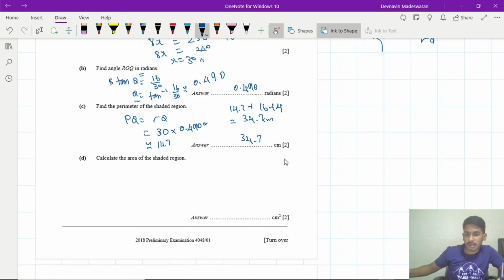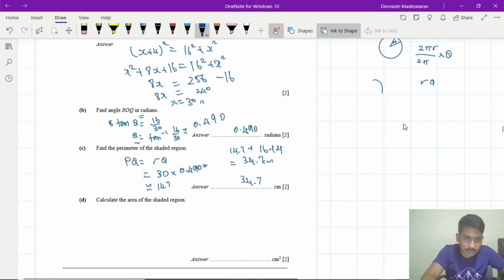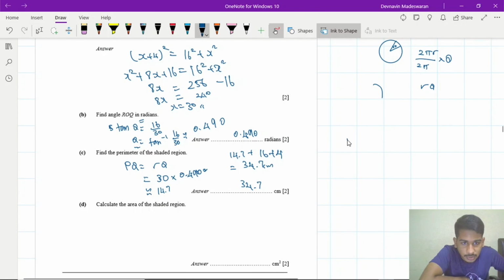Calculate the shaded area. I guess you find the area of the triangle minus the area of the sector. Same reasoning: the total area is pi r squared, and we divide by 2 pi and times it by theta. That will give us the area of the sector, which is r squared over 2 times theta.